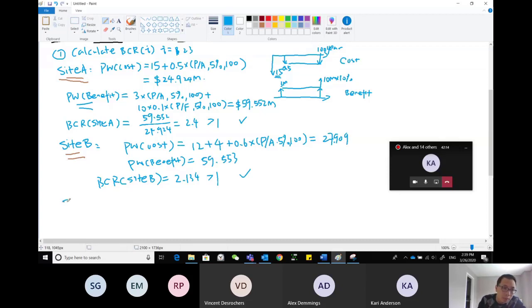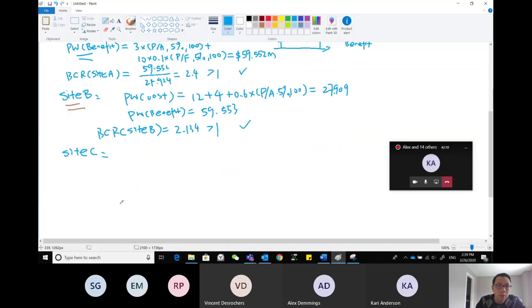Now we'll move to site C. Basically the logic is the same here for calculating the present worth cost and the present worth for the benefits. So I'll just write the answer here. The BCR for site C will be 2.388, bigger than 1.